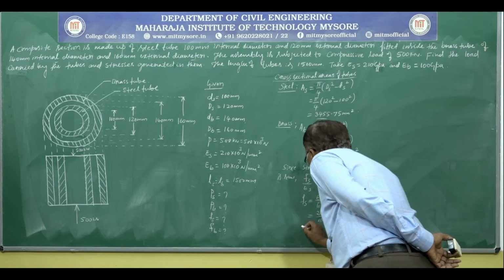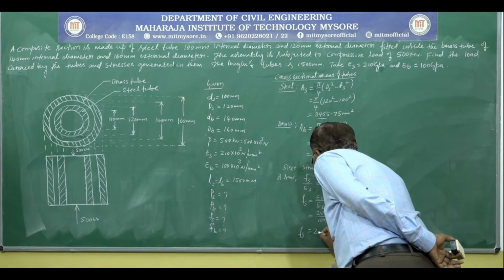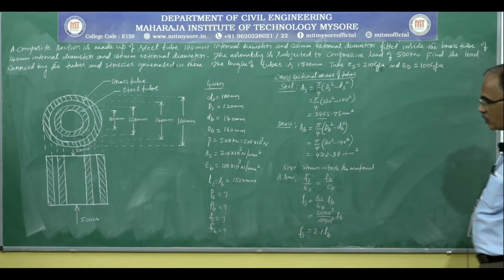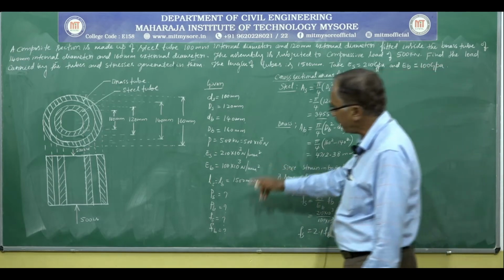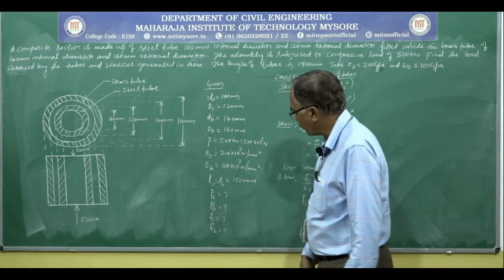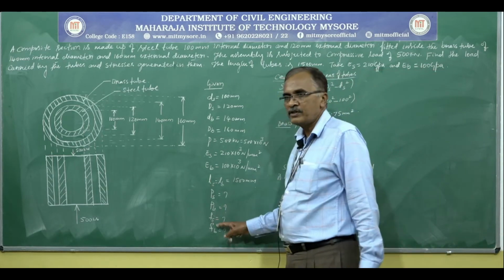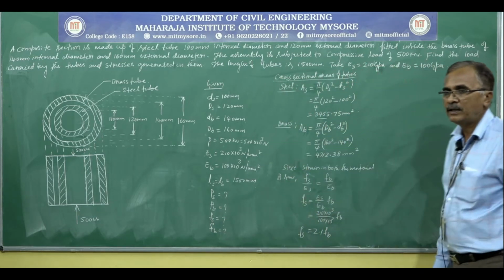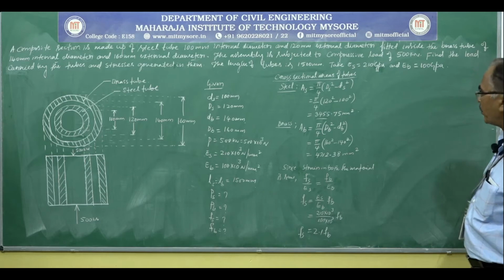So, we will get 2.1 times of fb. This is the first stage. Next, to calculate the load carried by the tubes, first we need to calculate stresses induced in steel and brass, then we can easily calculate the load carried by steel and brass tubes.